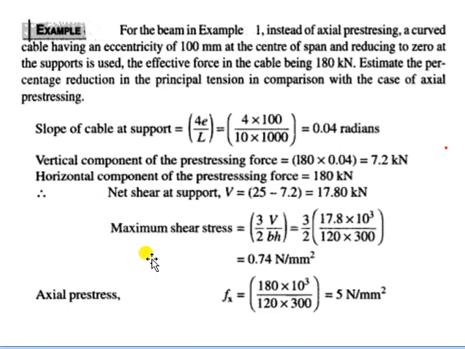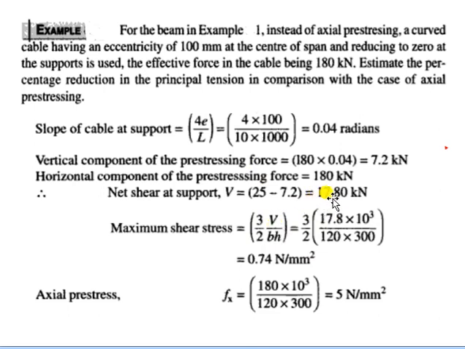So maximum shear stress is 1.5 V divided by BD. The same equation, 3 by 2 is 1.5, V divided by B into H, where H is the overall depth of the beam. So 3 by 2, which is 1.5, into 17.8.